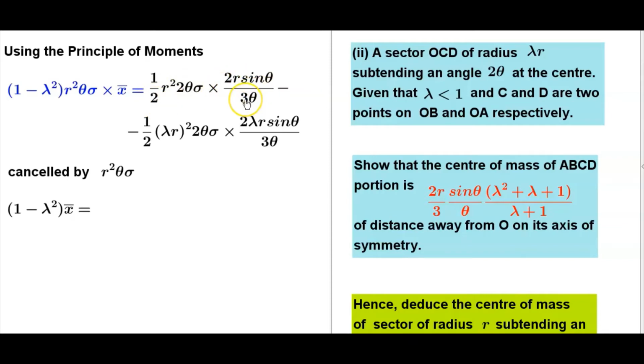Therefore, 2r sin theta over 3 theta minus, here also r squared theta sigma cancels, the 2 cancels. Therefore, here 2 lambda cubed: lambda squared times lambda gives lambda cubed, so 2 lambda cubed r sin theta over 3 theta.